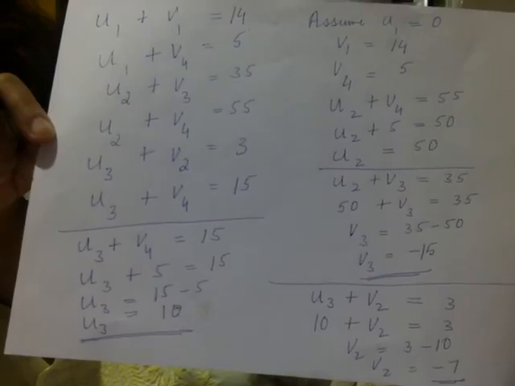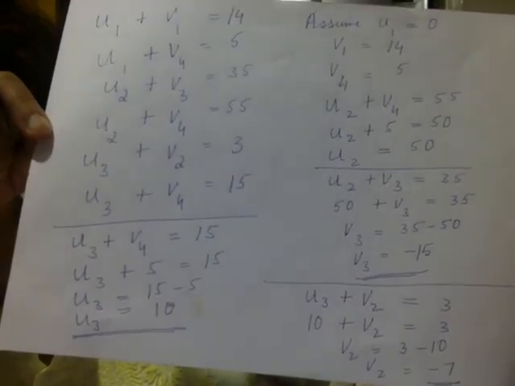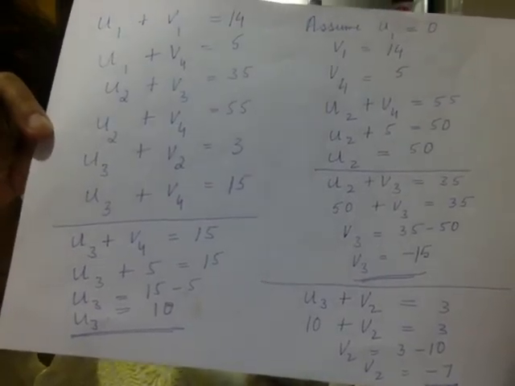V2 is equal to 3 minus 10. V2 is equal to minus 7. Okay, so we know all the variables.